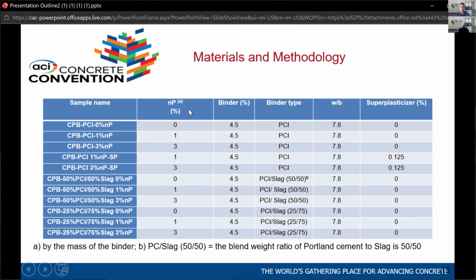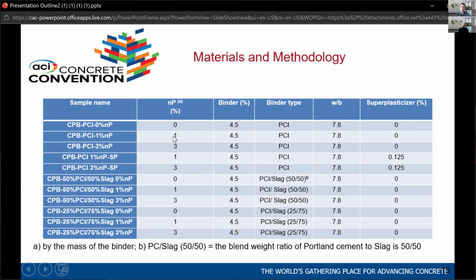For the first one, there is zero nanoparticle used in it, 0% of the binder. These are the percentages of the binder. I use 4.5% binder as Portland cement, and then the ratio of water to binder is 7.8. And I didn't use any superplasticizer for the first one.